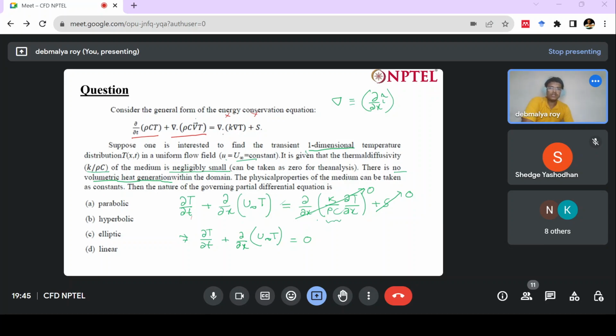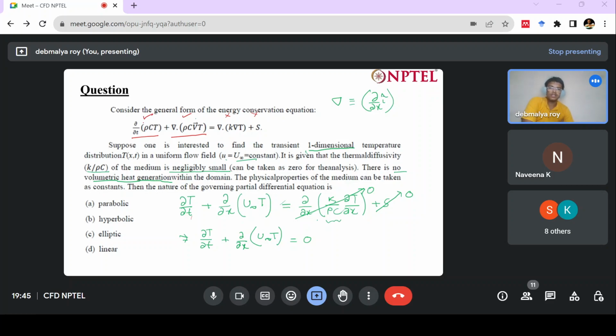And this is the conduction term, so there is no conduction or thermal diffusion. What is there? The convective term is there. So there is a velocity through which the heat of the fluid is being carried, and that is heating up the medium. So this is the transient term.